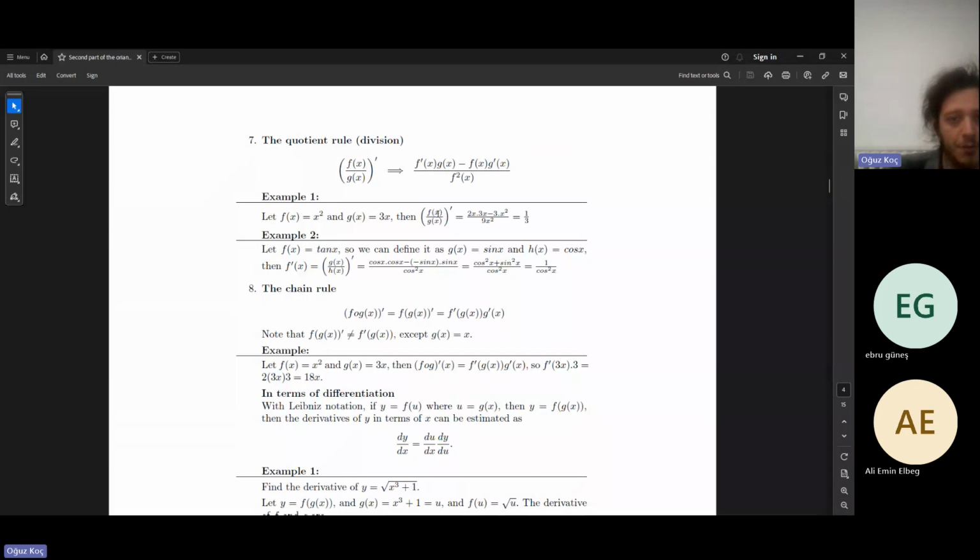When we calculate the derivative of a division, it is the derivative of the first function, which is equal to 2 times x, times the second function itself, which is 3 times x, minus the derivative of the second function, which is equal to 3, multiplied by the first function, and we divide it by the second power of the second function here.